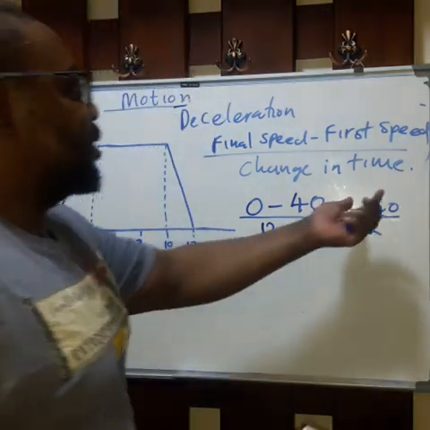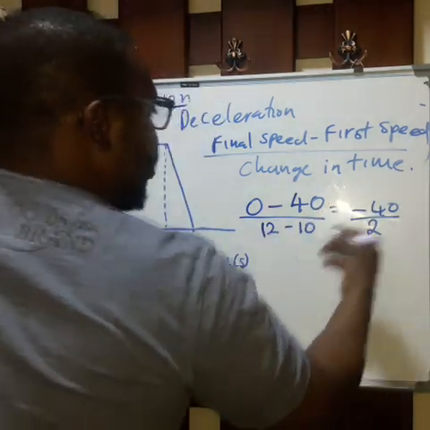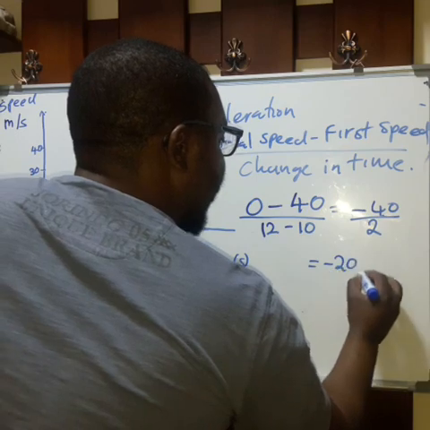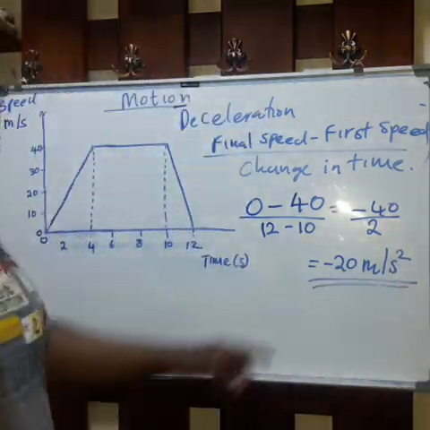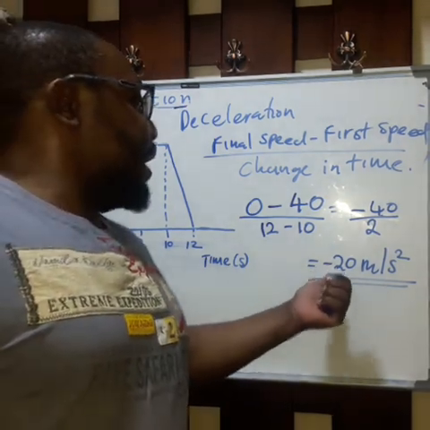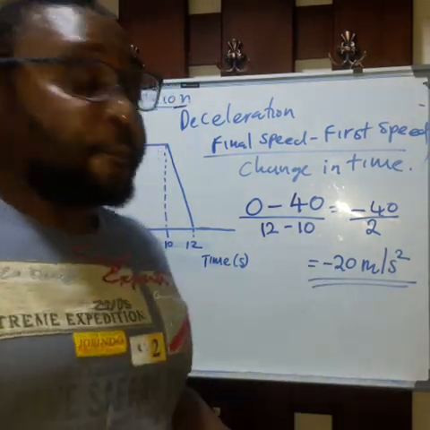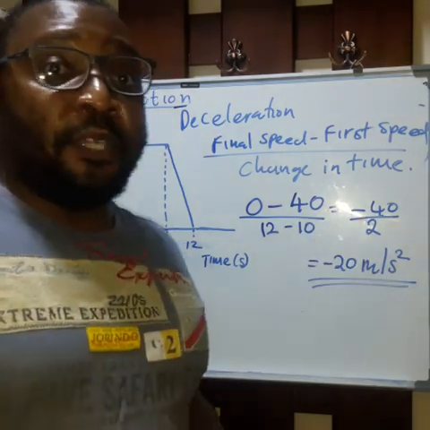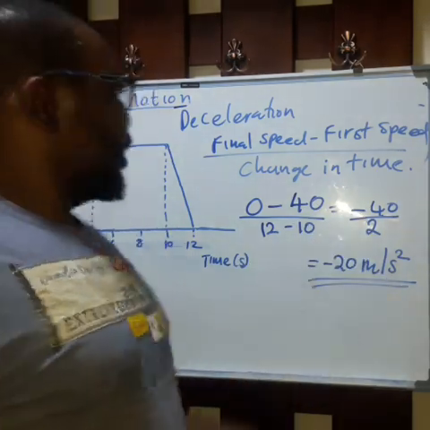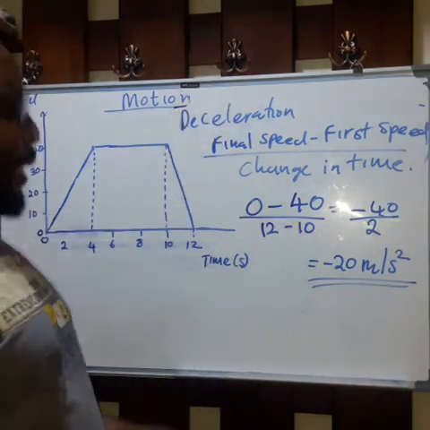Now when you divide the top and the bottom part, you get minus 20 meters per second squared. Now the negative sign exhibits a deceleration. It shows that there was a decrease in speed with time. Always remember that. So this is how you calculate deceleration.